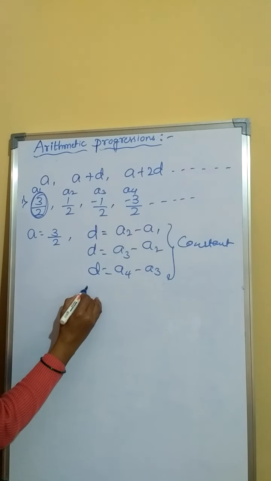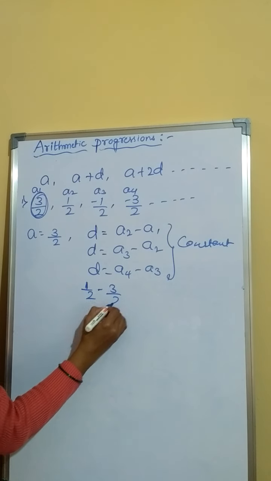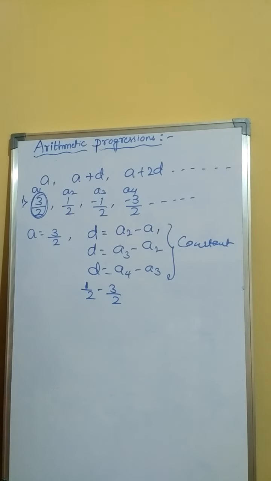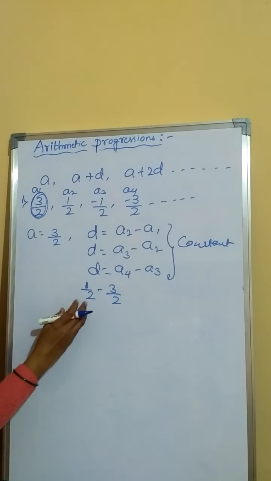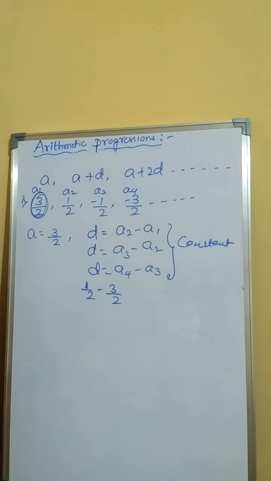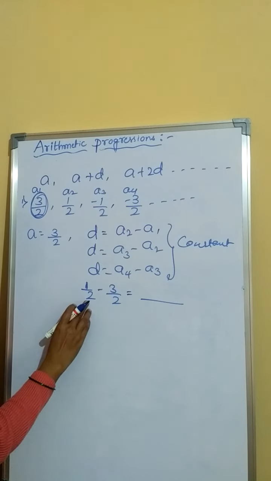So that is 1 by 2 minus 3 by 2. So both are fractions. Now you know well, in fractions, if the denominators are the same, you can add or subtract the numerators. So using that rule, let us perform the operation here.